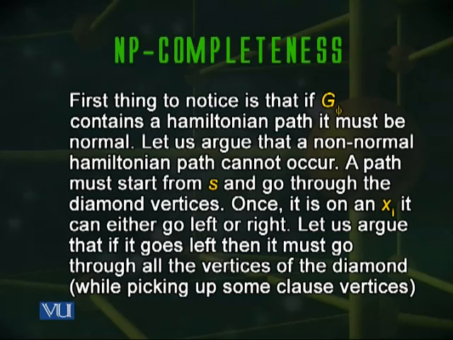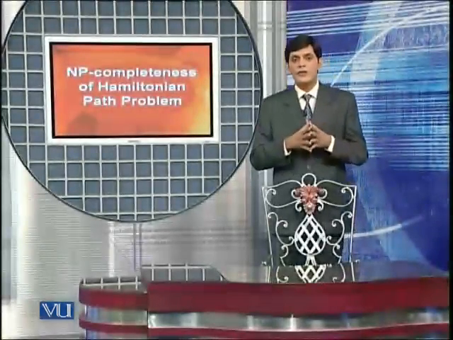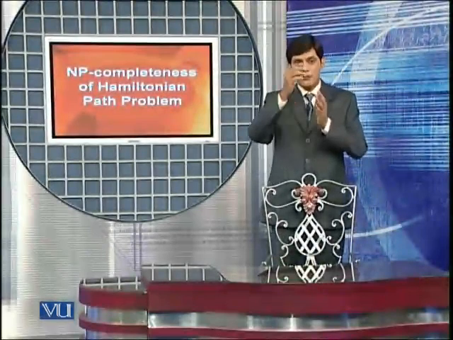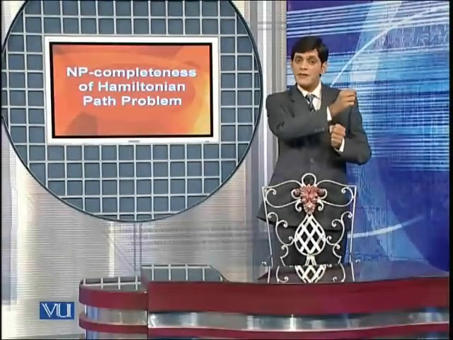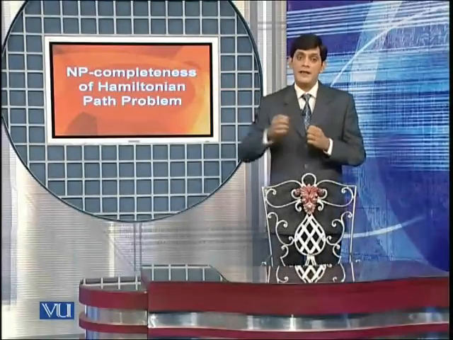A path must start from the vertex S and go through the diamond vertices. Once it is on an xi, it can either go left or right. Let us argue that if it goes to the left, then it must go through all the vertices of the diamond while picking up some clause vertices from left to right. So what we are trying to do is we're trying to say that if from the vertex xi, if it moved left, then it must pick up all the vertices that come in that diamond.